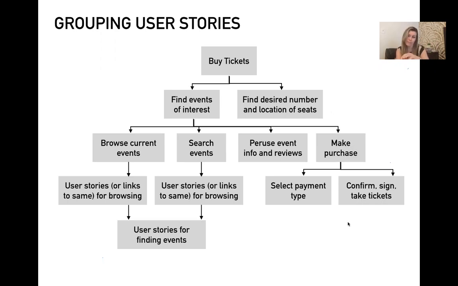You might confirm, sign, or take your tickets. Under something like search or browse, you might see a bunch of user stories having to do with browsing or searching. And then below that, you have user stories for finding events. So you might separate your stories into these categories just based on this flow chart of our software.